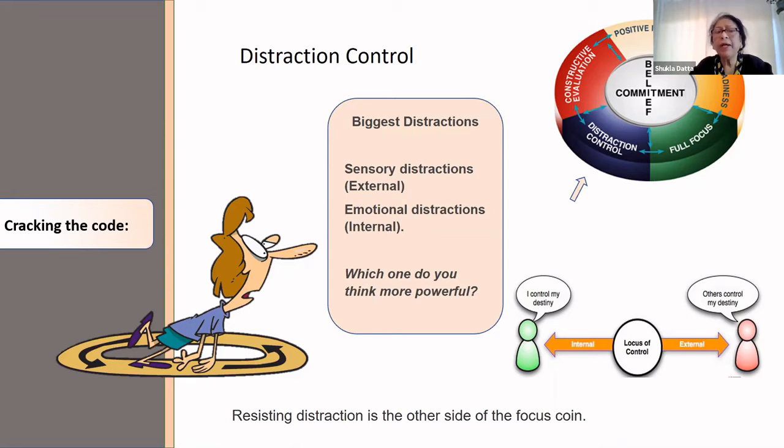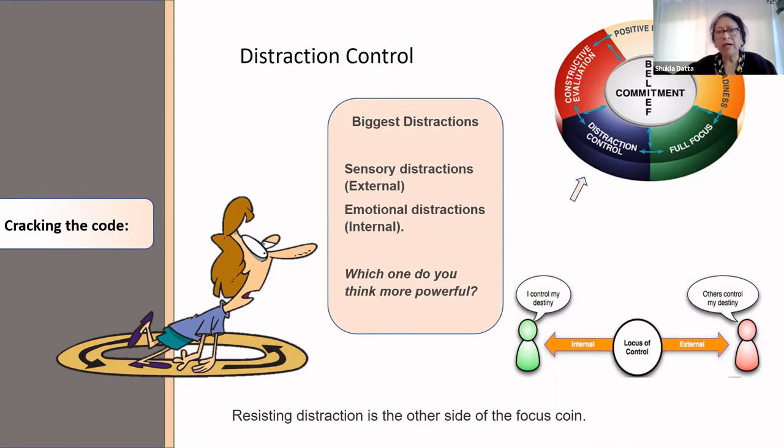So how can we control this distraction? That is another code. And for that, I would like to look at this locus of control diagram. Locus of control is about our spectrum of control. We are the self, and in the universe we have people around us. So me is internal. I control my destiny. That is internal locus of control.